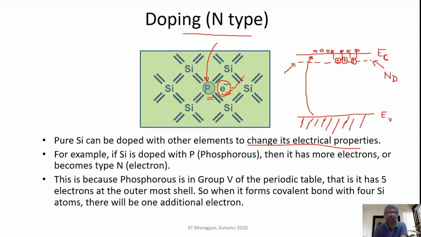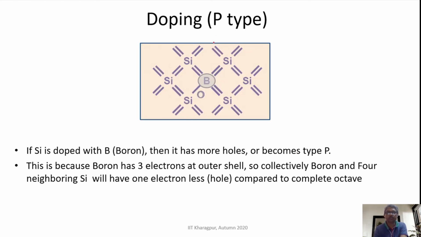The same argument is true for when you dope silicon with boron. Boron is sitting in group 3 in the periodic table. So that means boron has 3 outermost electrons. So what boron will do, it will form covalent bonds with 4 silicon, but it will need 5 electrons to complete the octet.